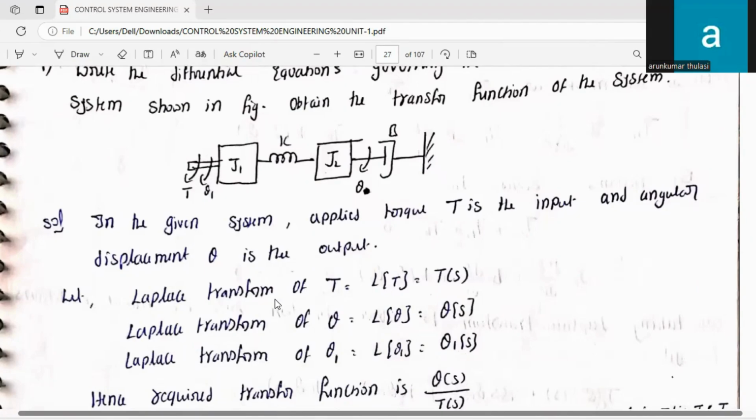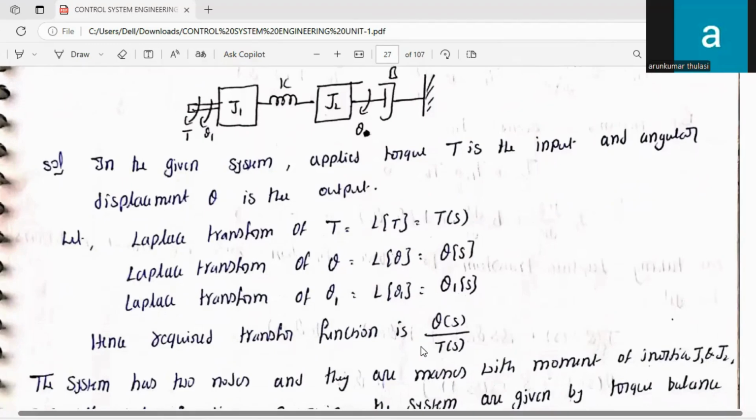Let's say the Laplace transform of T is given by T of S, the Laplace transform of theta is given by theta of S, and the Laplace transform of theta 1 is given by theta 1 of S. Now, the final intention is to find the transfer function theta of S by T of S, which is from the definition of the transfer function: the ratio of the Laplace transform of output to the Laplace transform of input. Here theta of S is the output and T of S is the input, so this ratio we call the transfer function.